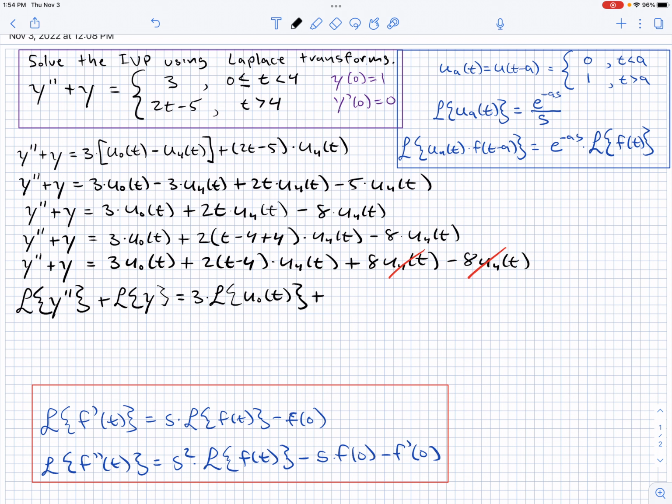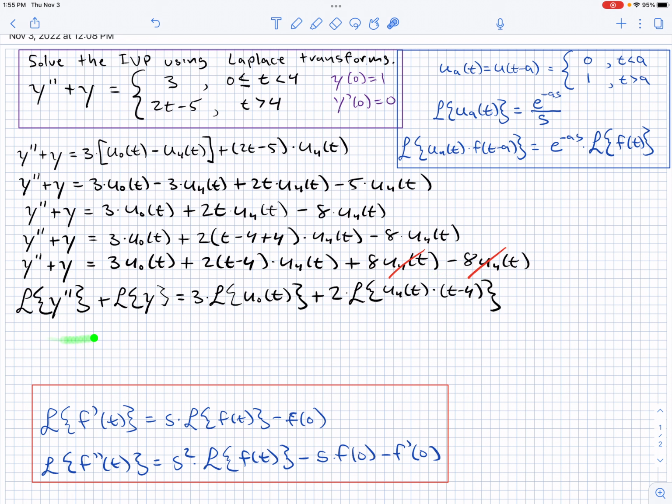Plus 2 times the Laplace. And I'm going to write it in this form just because it really mimics what's above in the corner, so I can use that. T minus 4.